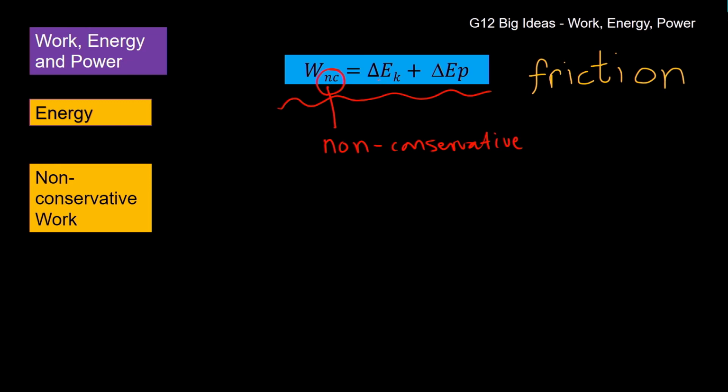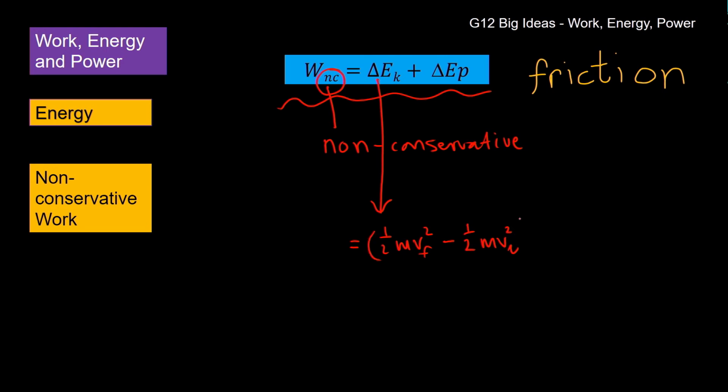So it is a relationship in terms of the change in kinetic energy. We can write this as a half m v final squared minus a half m v initial squared.